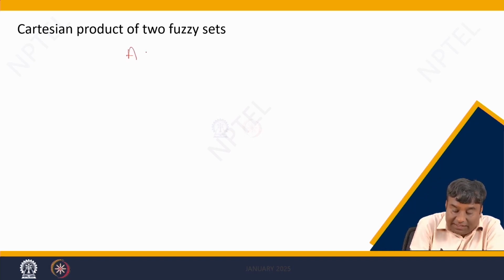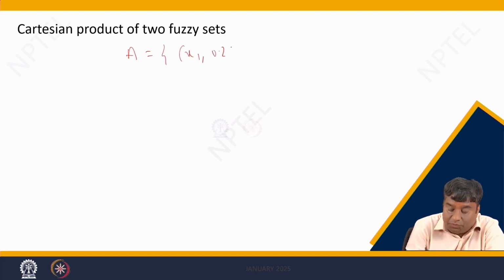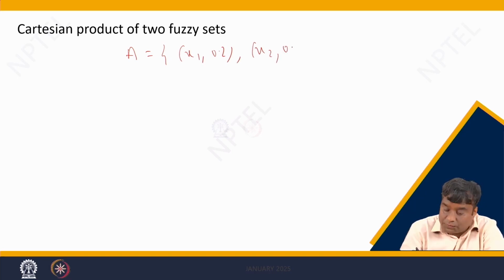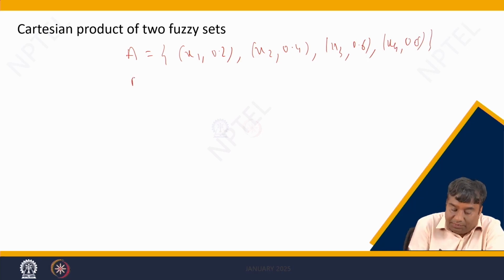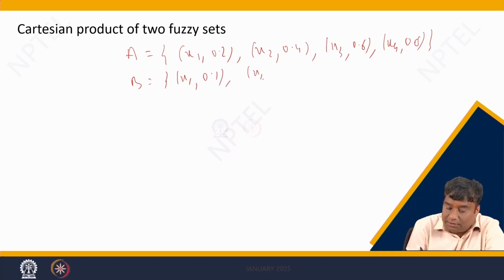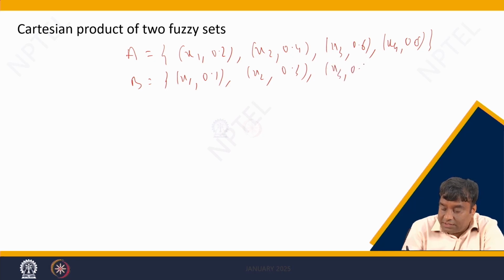So let A be a fuzzy set, that is, the ordered pairs x1 0.2, x2 0.4, x3 0.6, x4 0.8, and B that is x1 0.1, x2 0.3, x3 0.5, x4 0.7.